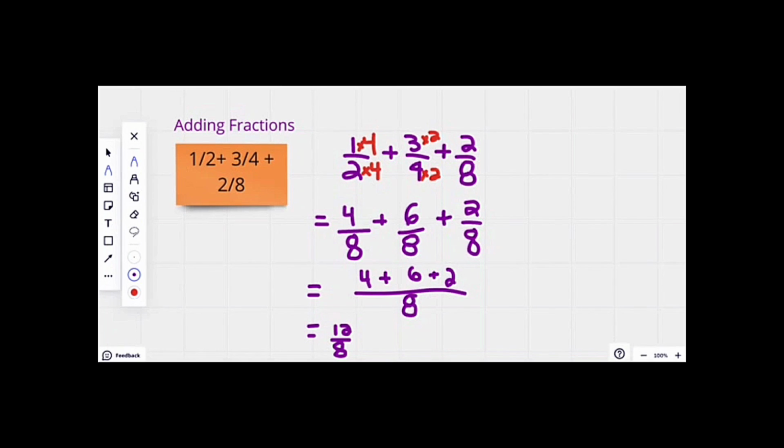If they were to ask us to reduce that further, if we need to simplify it even further, we can reduce it because when we look at both the 12 and the 8, we notice that both numbers we can divide by 2. So we can make this number smaller by dividing both by 2. We say 2 can go into 12 6 times, and 2 can go into 8 4 times.